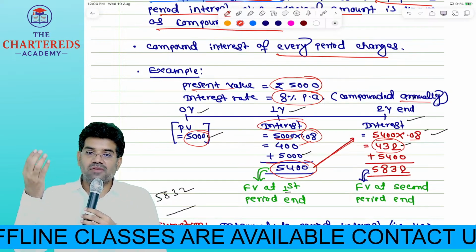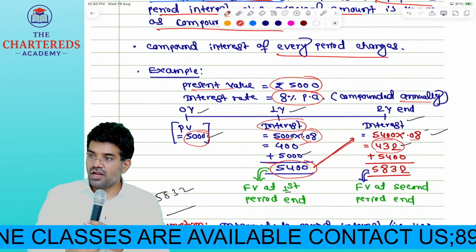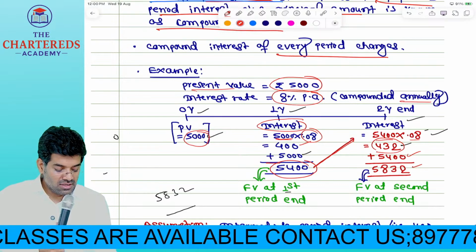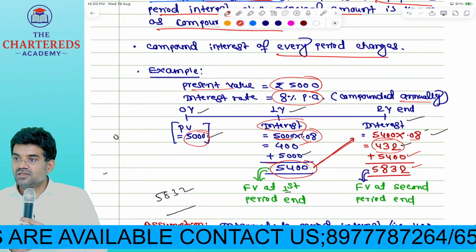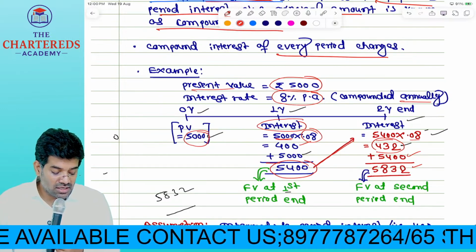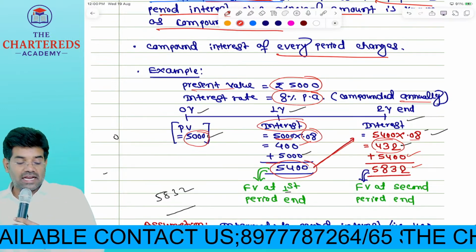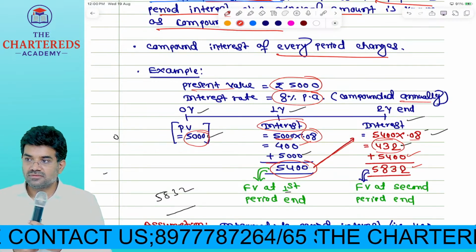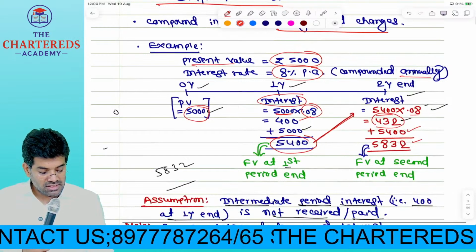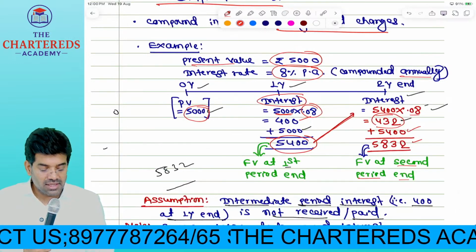The investment for the second year is 5,400, so add that 5,400. You are getting 5,832. So your future value for your investment today of 5,000 at the end of the second year is 5,832.